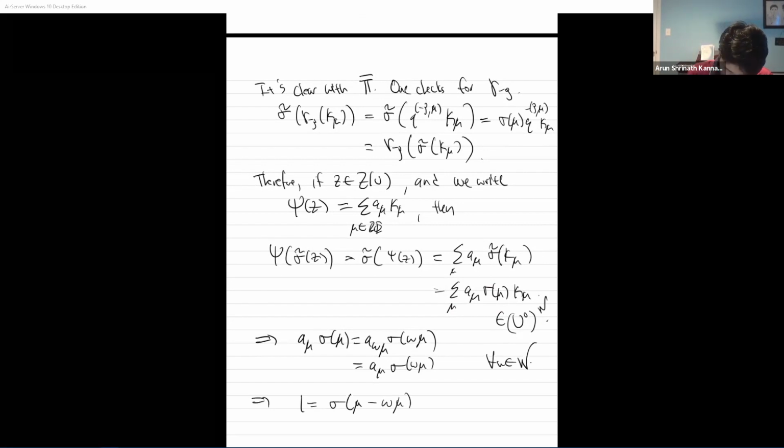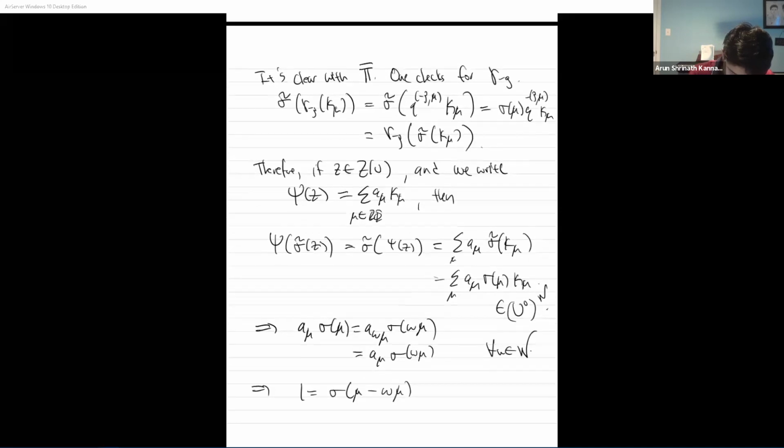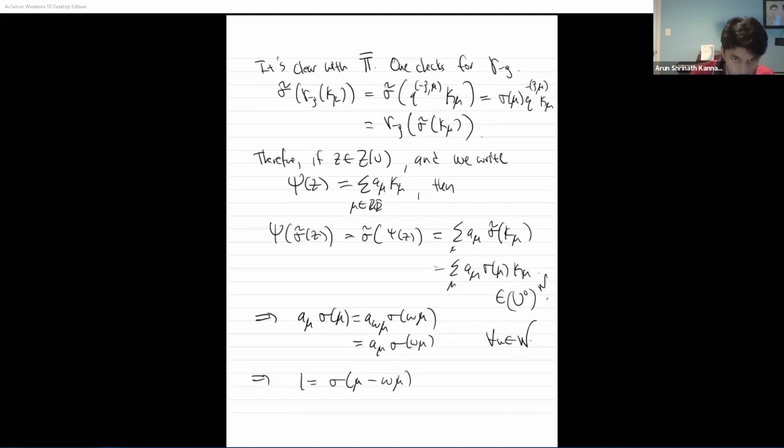If W is a simple reflection associated to a simple root, specialize to W equals S alpha, 1 equals sigma of mu comma alpha check alpha.